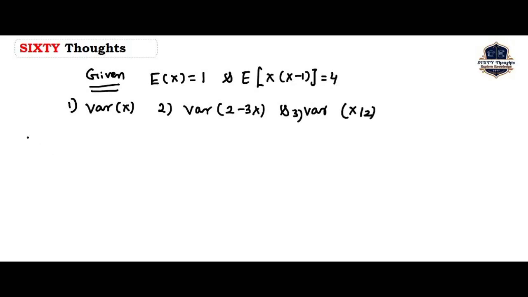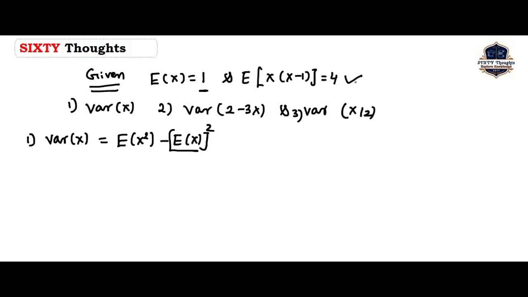So coming to the first question, we are going to find the variance of X. We know that the variance of X can be written as expected value of X square minus the expected value of X whole square. We know the expected value of X is equal to 1. We don't know the expected value of X square, so first we find the expected value of X square by using the given function.